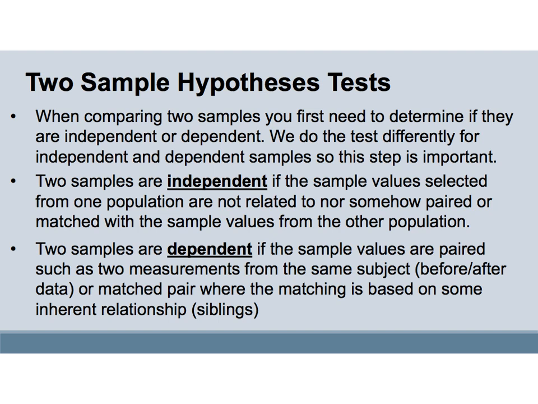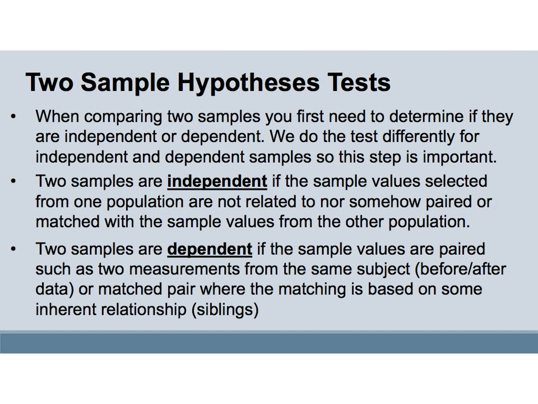When comparing 2 samples, you first need to determine if they're independent or dependent, because you do a different test if it's dependent than you do if it's independent. 2 samples are independent if the sample values selected from one population are not related to nor somehow paired or matched with the sample values from the other population. 2 samples are dependent if the sample values are paired.